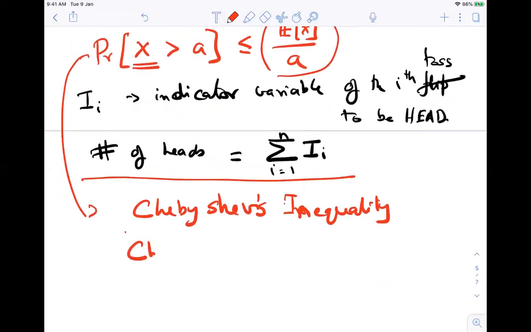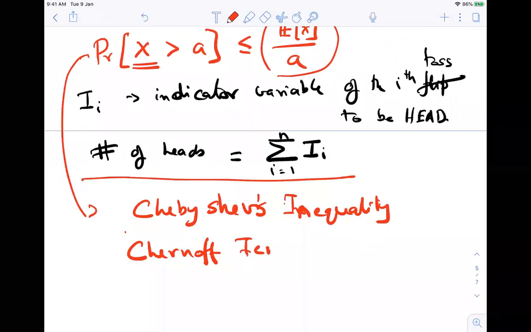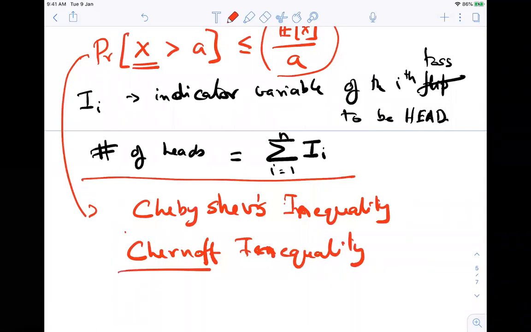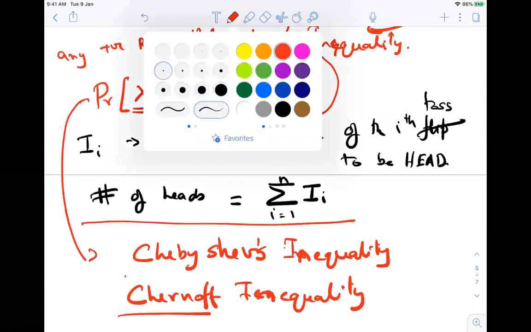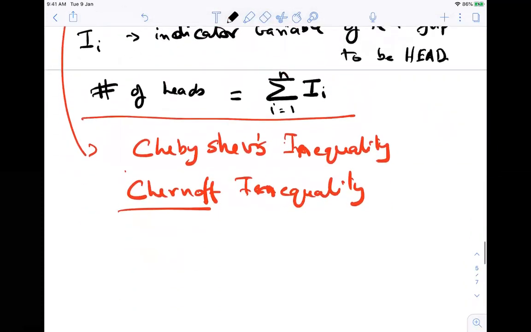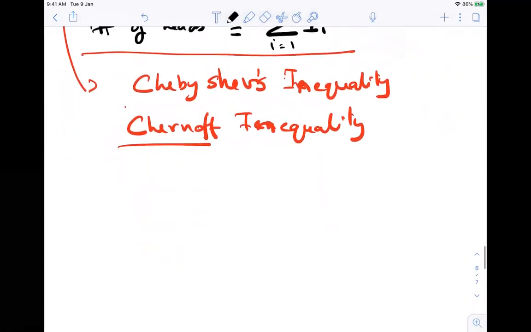And then the next one is the Chernoff inequality. This only holds for sums of independent random variables. Basically what it says is the following, and this is very interesting, by the way.